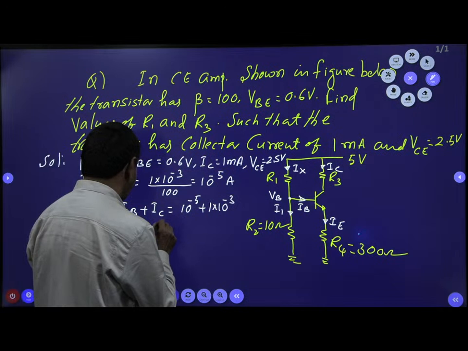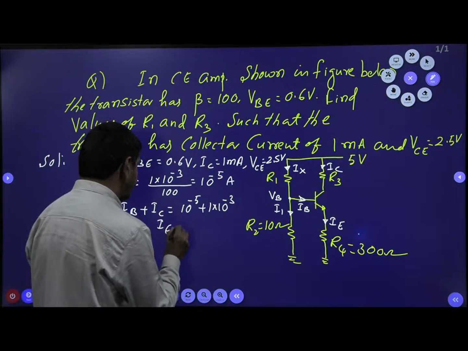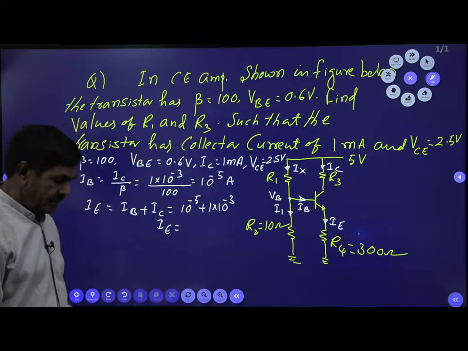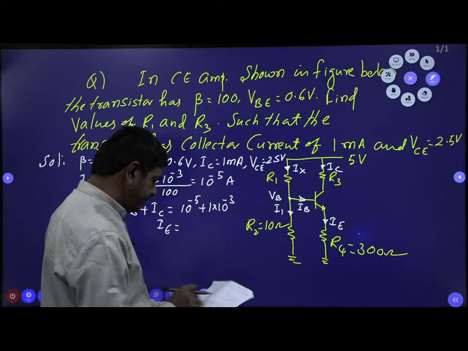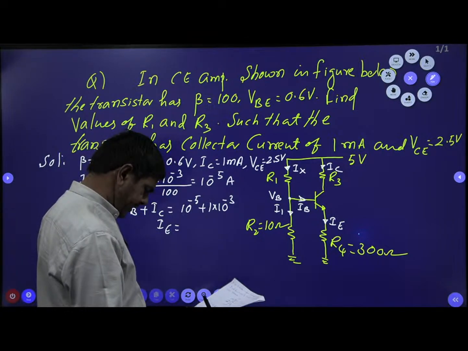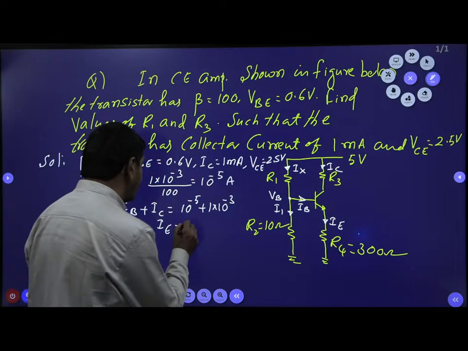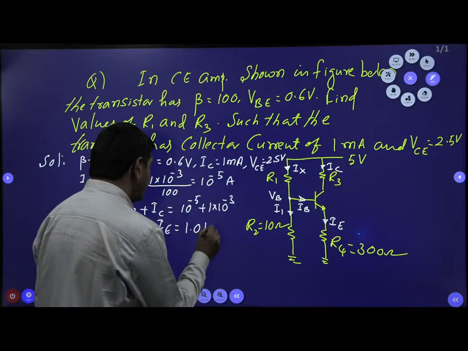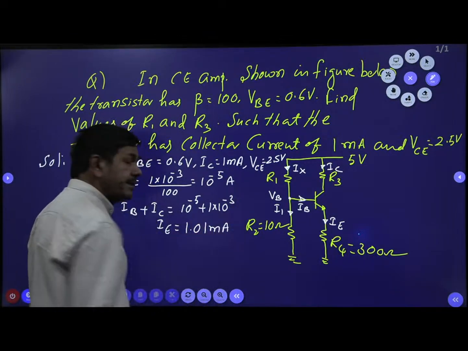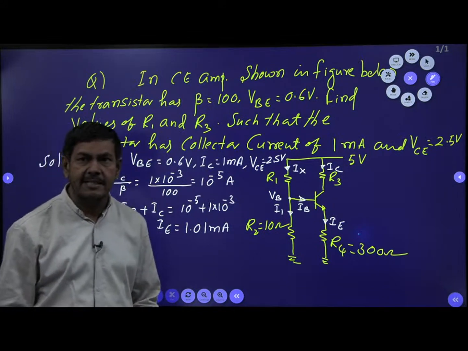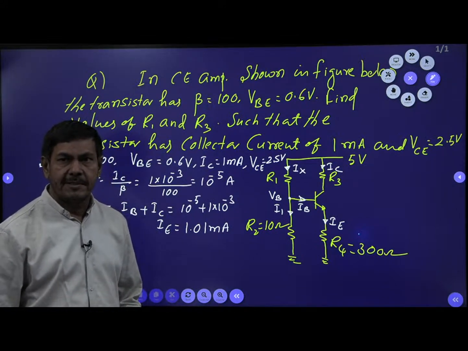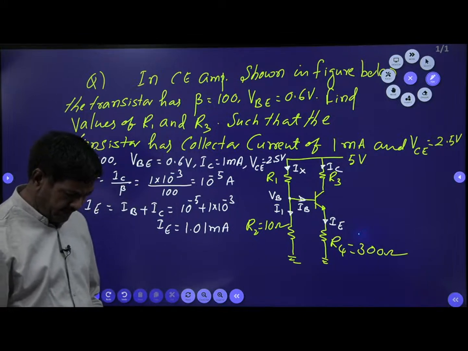If the addition of these two is made, IE comes to 1.01 milliamperes. That is the emitter current.